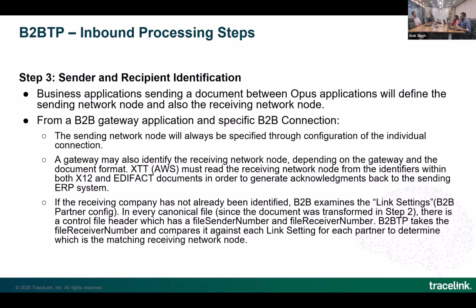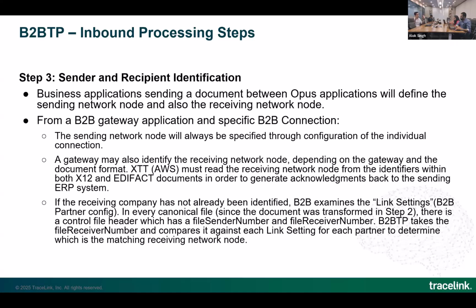Now, when the document is transformed and a canonical is generated, then there comes step number 3, that is sender and recipient identification. How is the sender identified? That is the connection association screen for inbound, right? You send a document on a B2B connection inbound.